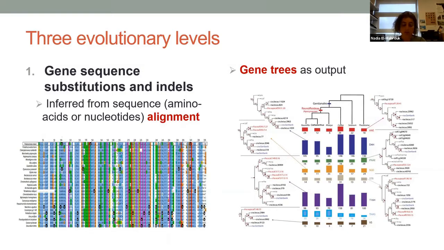So gene trees reflecting the evolution of each gene family through punctual mutations are inferred from such alignments.